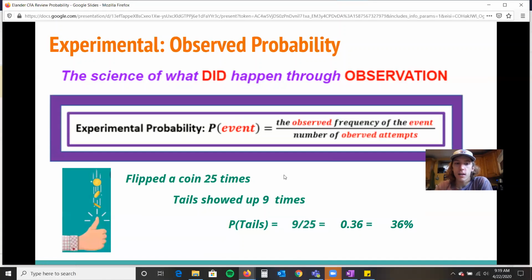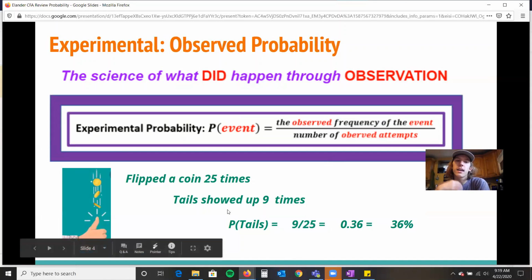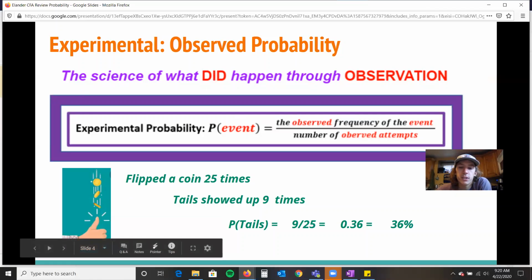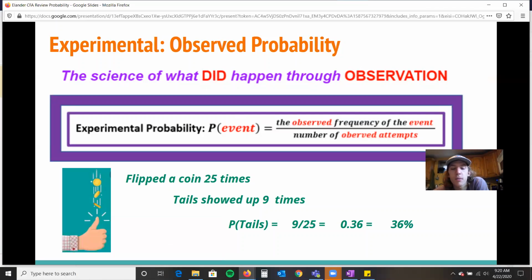Okay, so that's an important note: is experimental probability always going to be the same as theoretical probability? What do you think? You can just say a yes or no. Is theoretical probability always going to be the same as experimental probability?